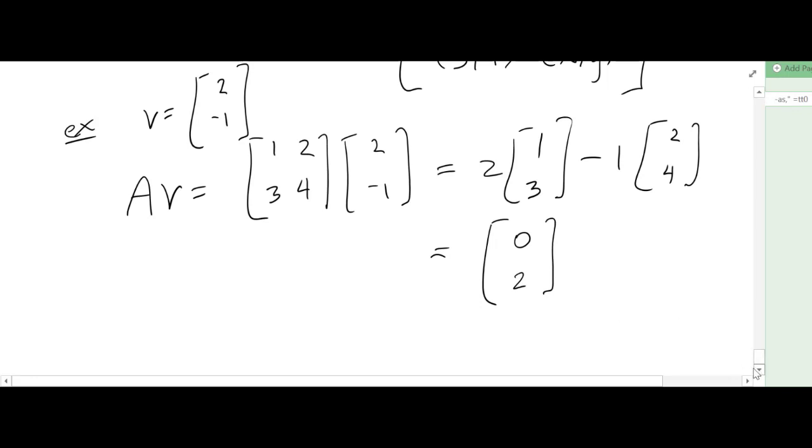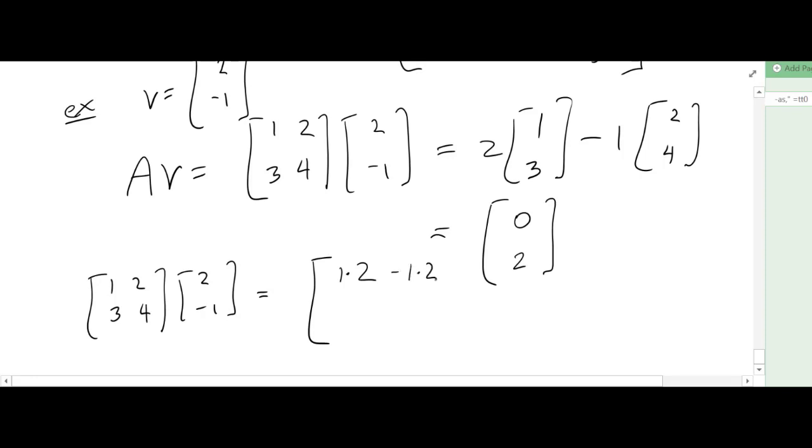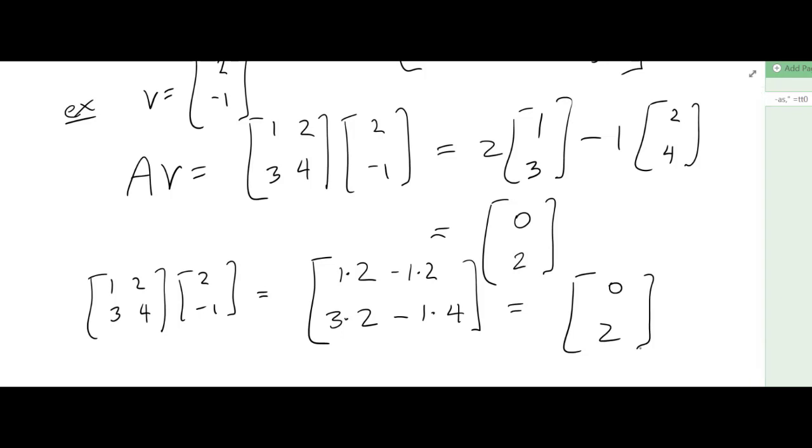Or you can do it the second way: 1 times 2 minus 1 times 2, and 3 times 2 minus 1 times 4, which gives you 0, 2 again. That's two ways of thinking about that multiplication.